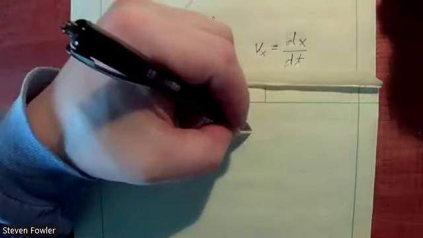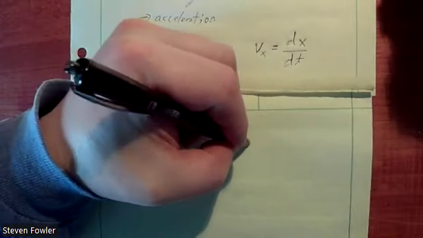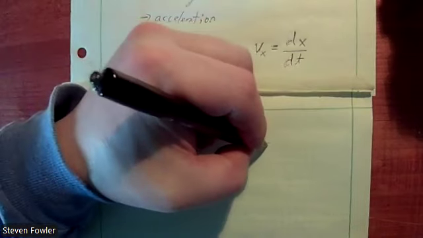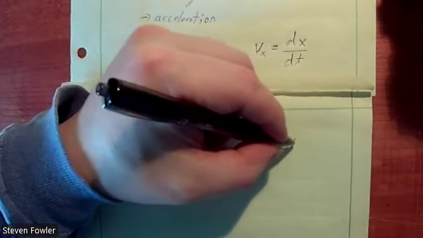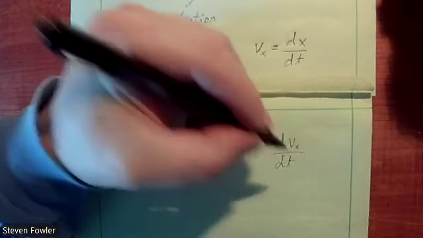And same thing we saw with velocity, I can have an instantaneous acceleration. That's just a_x if it's in the x direction, and that's going to be the derivative of the velocity in the x direction with respect to time.